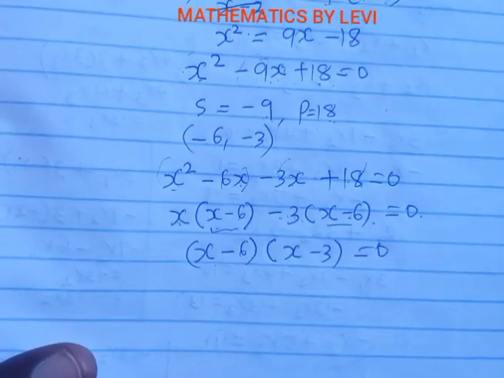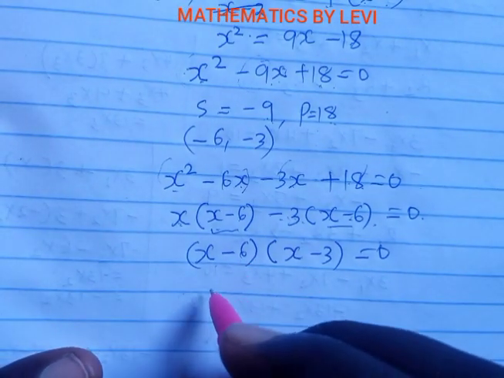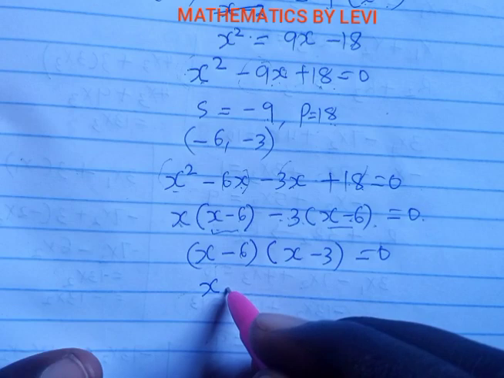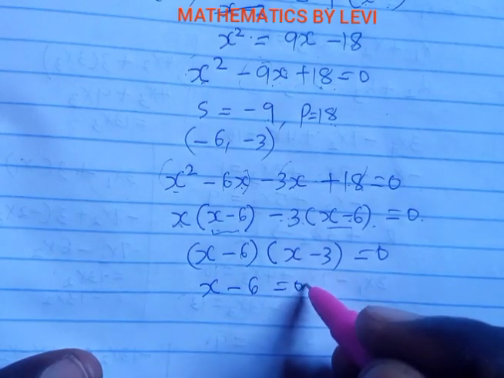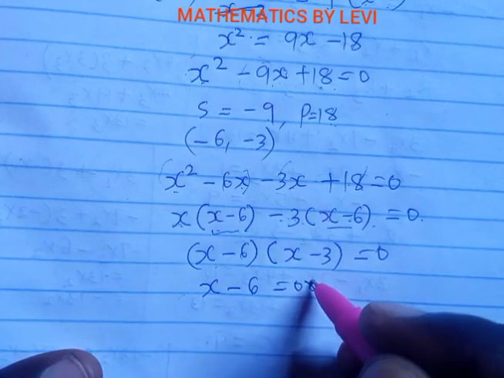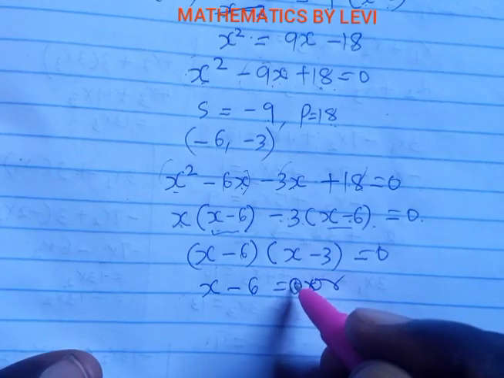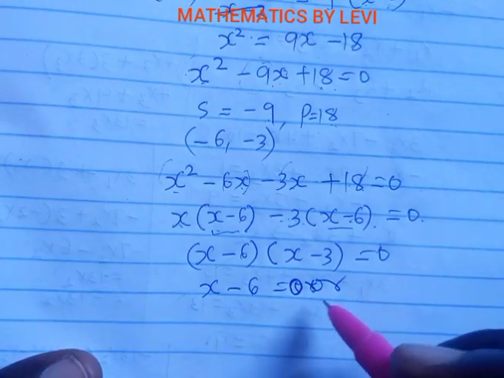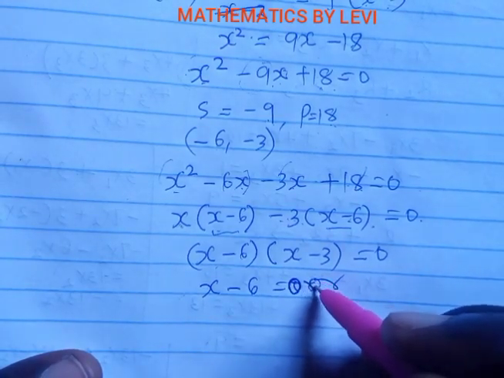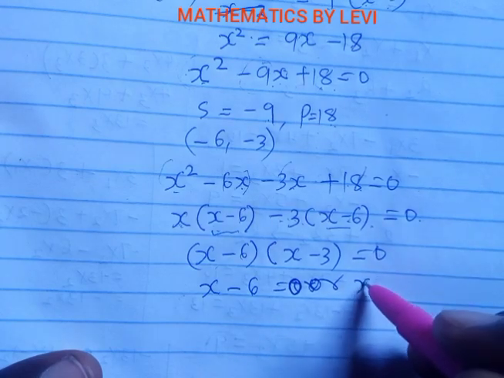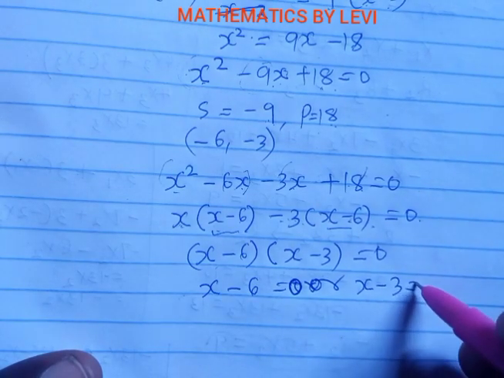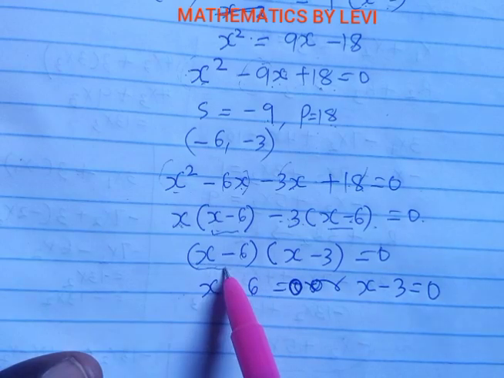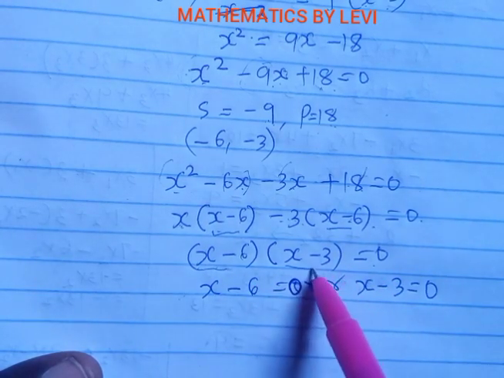Now, that means we can have x minus 6 equals 0 or x minus 3 equals 0. Either one can be 0.